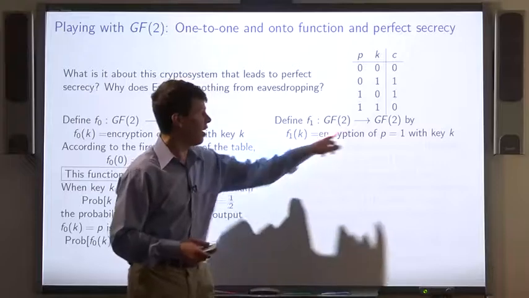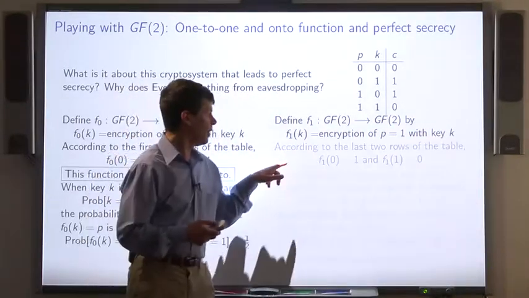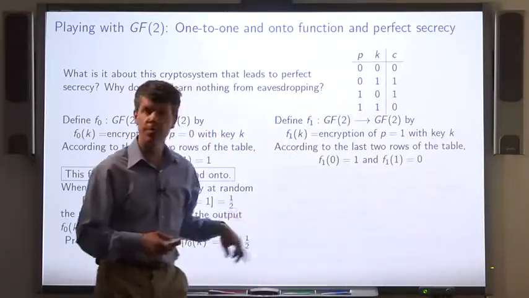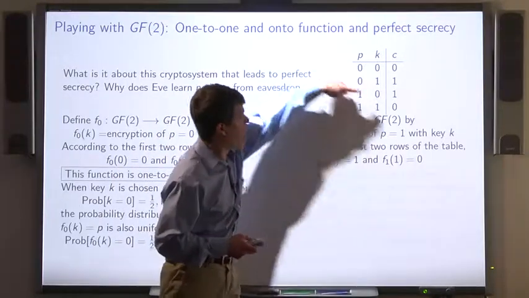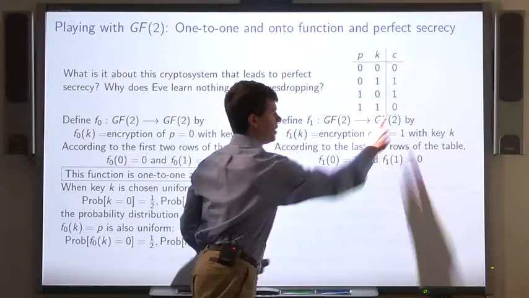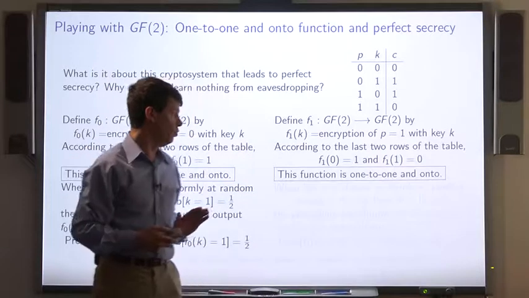f1 is the encryption of the plaintext 1 with the key k. Now, according to the last two rows of this table, f1 of 0 equals 1, and f1 of 1 equals 0. So this function is also one-to-one and onto.